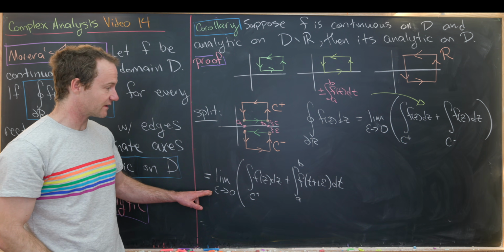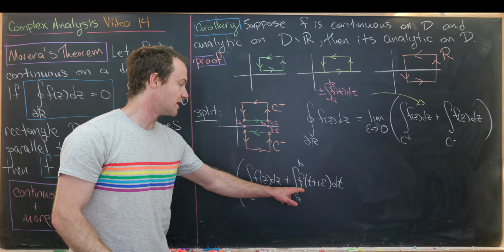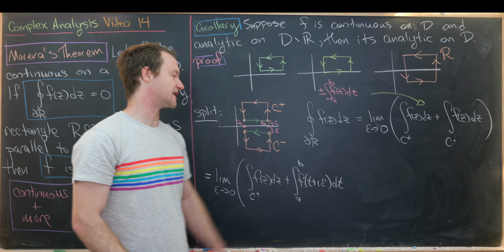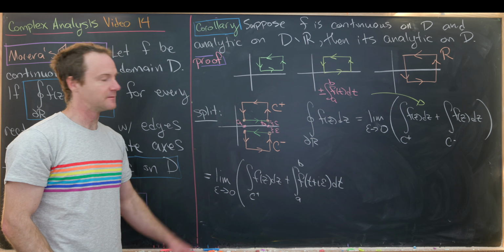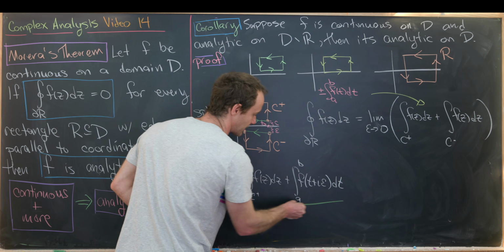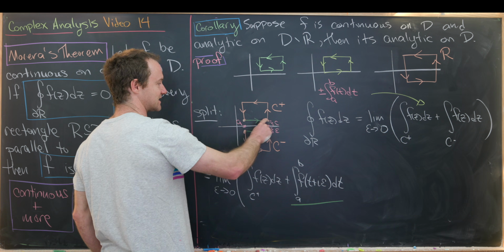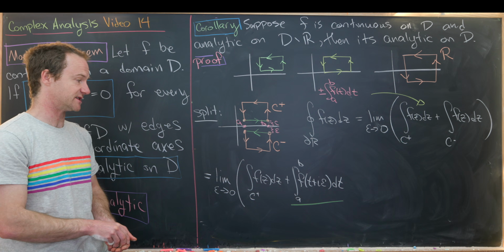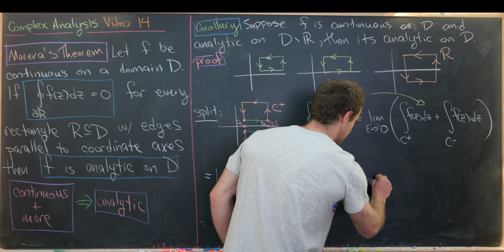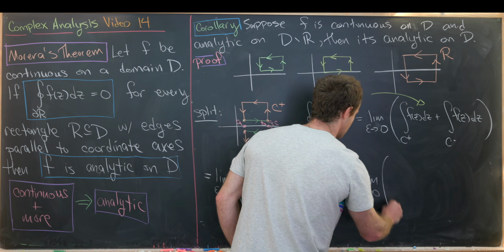And because we're taking the limit as epsilon goes to 0, this positive integral here converges to the positive version of this pink. But another important thing about this is that this integral right here represents this line that we've patched onto C plus.